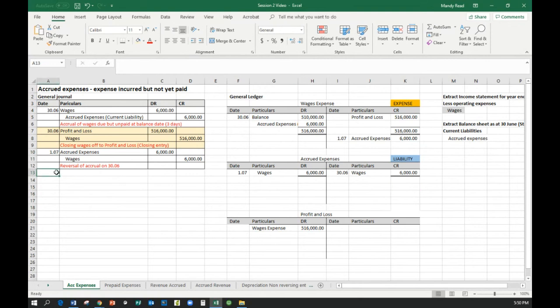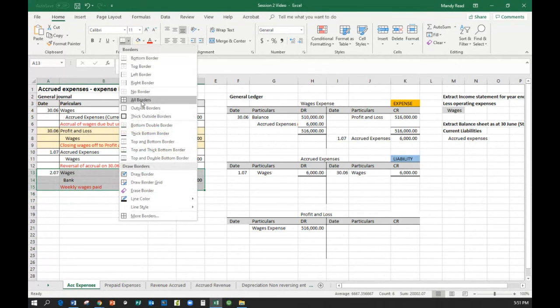So when we go to, and this isn't in your book either, the 2nd of the 7th, and we pay our wages. So wages is going to be paid in the amount of $10,000, and this is coming out of the bank, $10,000. Okay. And your narration is going to be weekly wages paid.